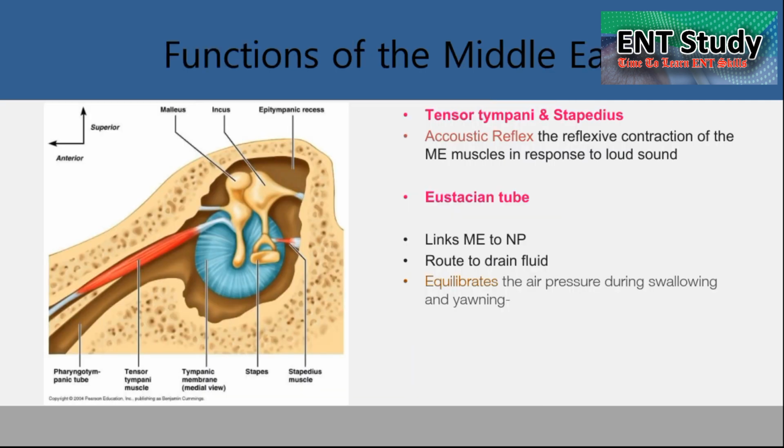The other structures of the middle ear include two muscles and the eustachian tube. The two muscles are the tensor tympani and the stapedius, which mediate the acoustic reflex, which is the reflexive contraction of the middle ear muscles in response to loud sound.